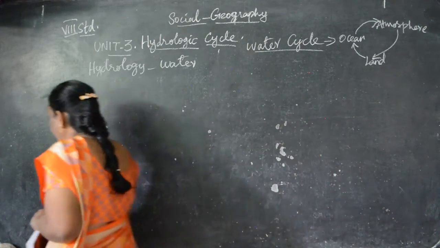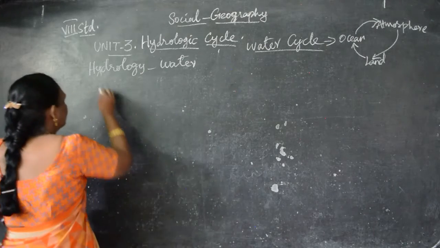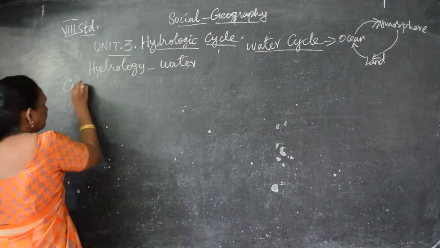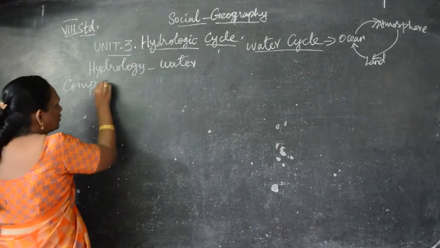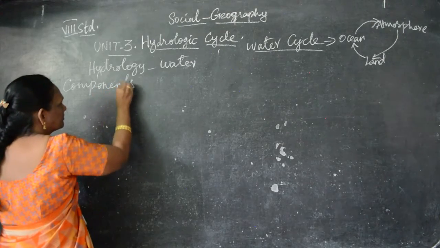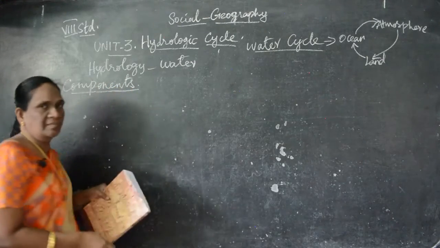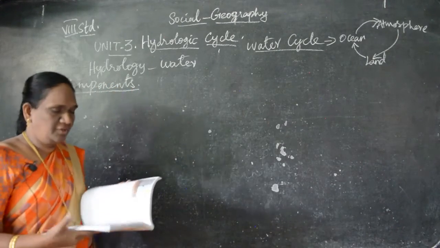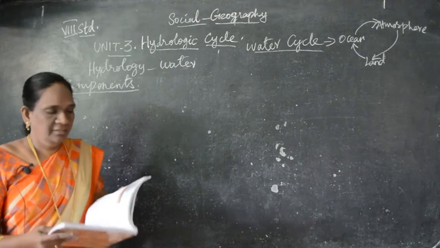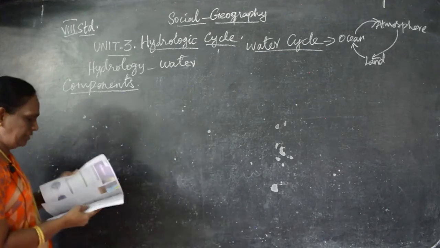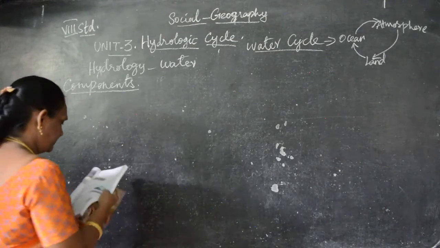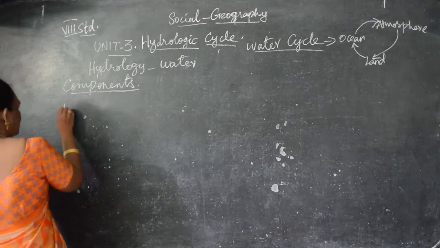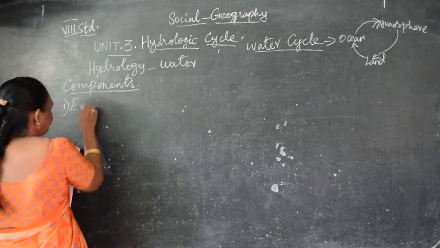Now, what are the components? We'll see the components now. Components of hydrological cycle. Okay, first one, one by one we'll see. First one, evaporation.